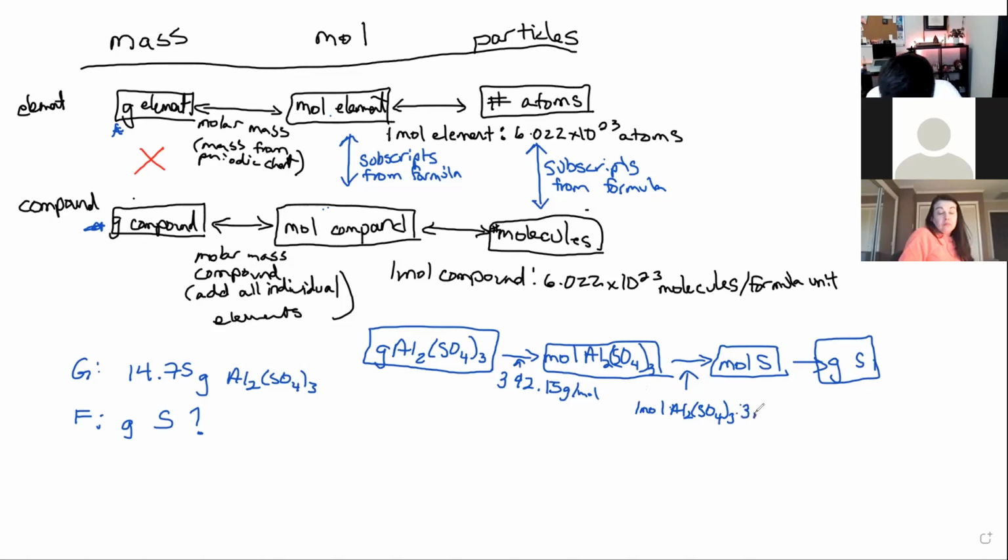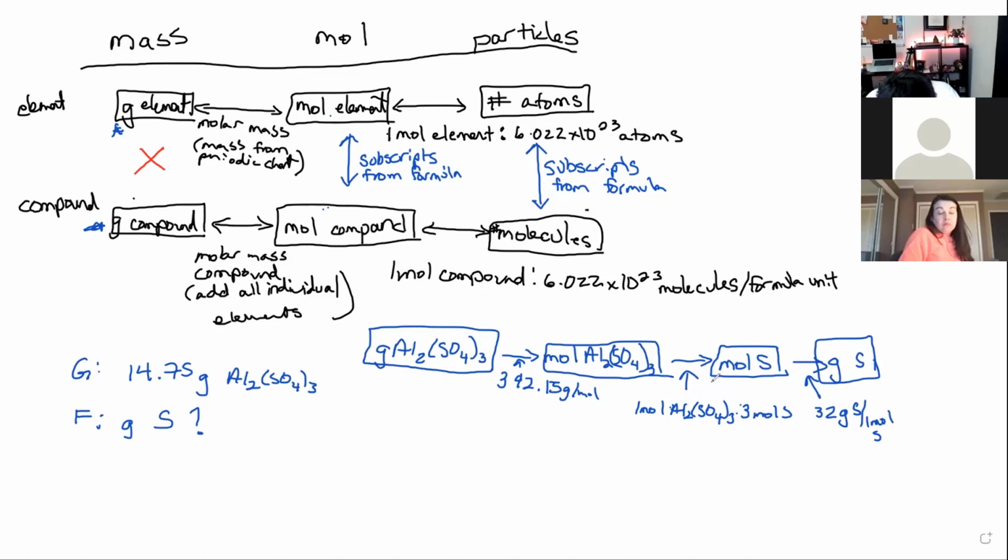So we're going to get 3 moles of sulfur. The last step is to go from moles of the element back into grams of the element. And this is simple. We just use the molar mass off the periodic chart. So for this step, we're going to use molar mass of sulfur, which is 32. Again, I don't have my formula sheet with me. It's roughly 32 grams of sulfur per 1 mole of sulfur.